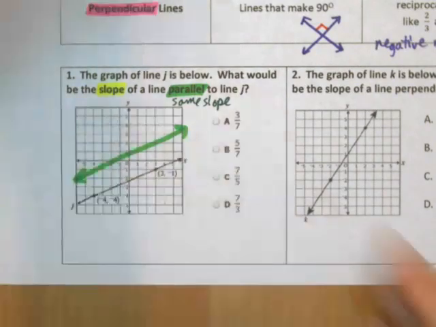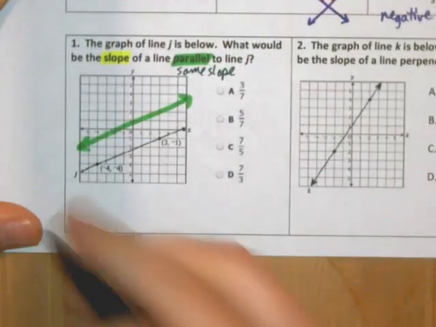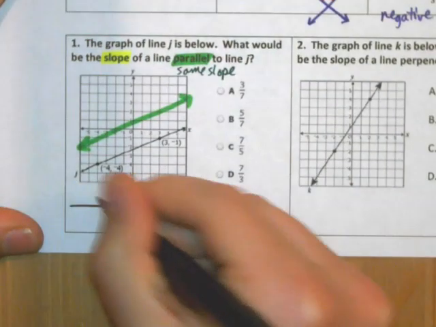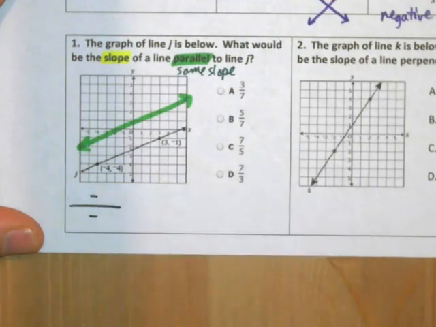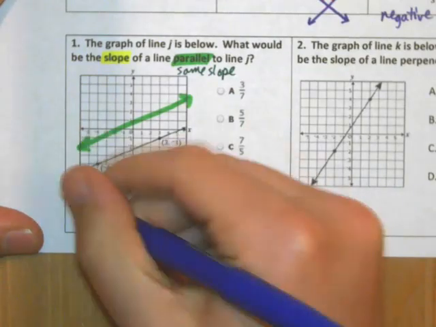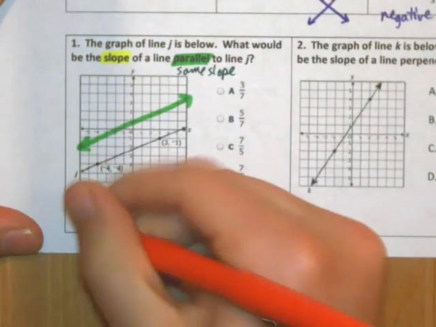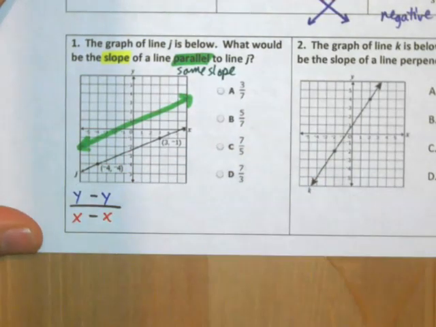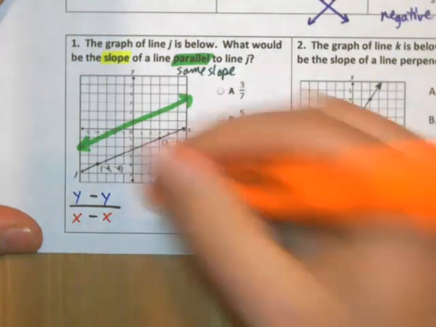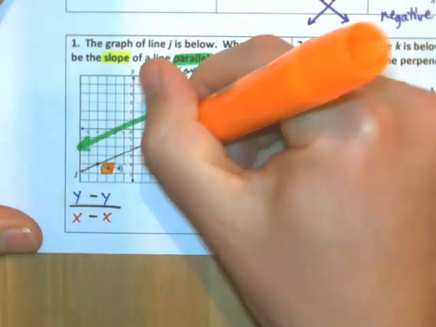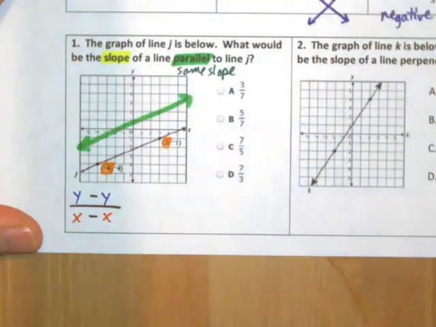So, let's set up the slope formula. Remember, the slope formula is basically y minus y over x minus x. And I've got the coordinates already written on the graph, so I'm going to color code them.